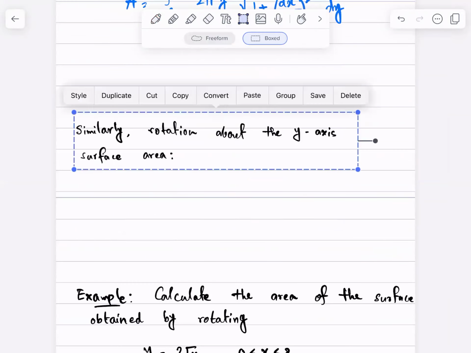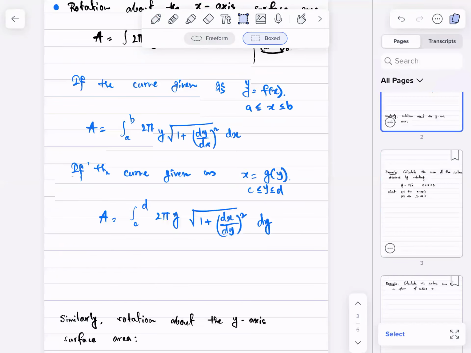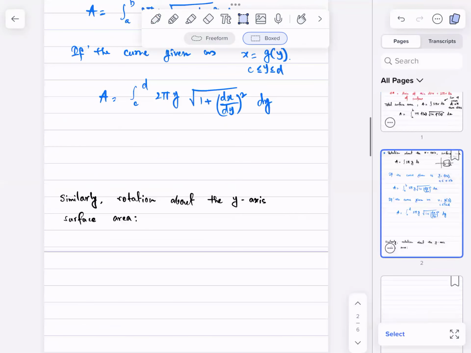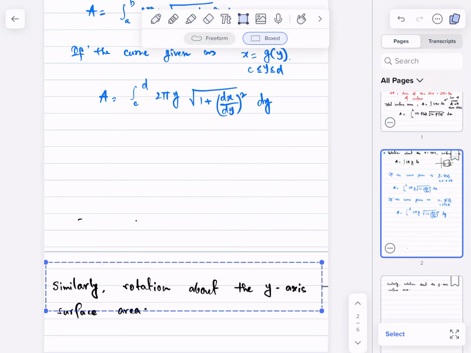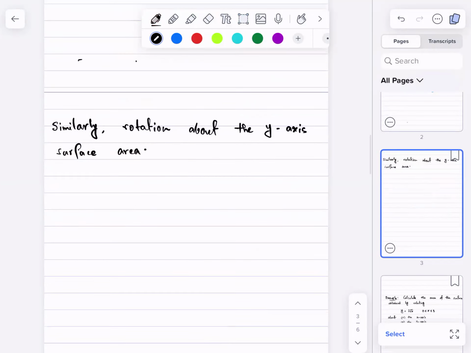Just add one more page here. Now the next question is, what happens when we rotate about the y-axis? What is the surface area? Okay, for that, the picture should be something like this.